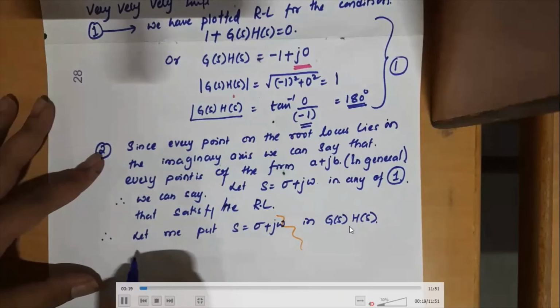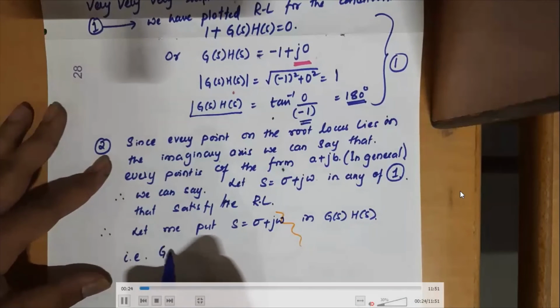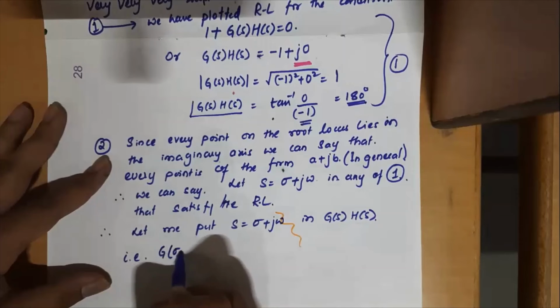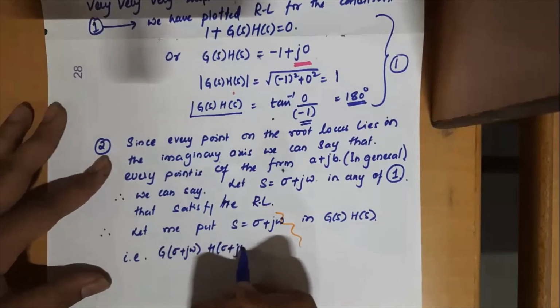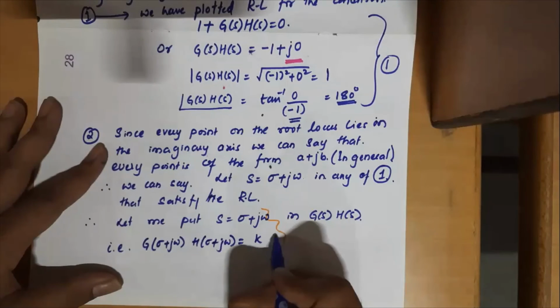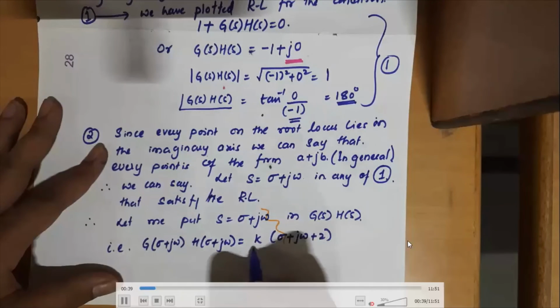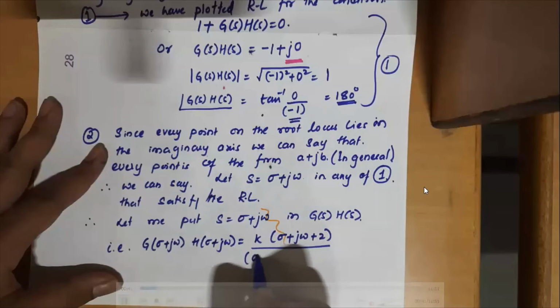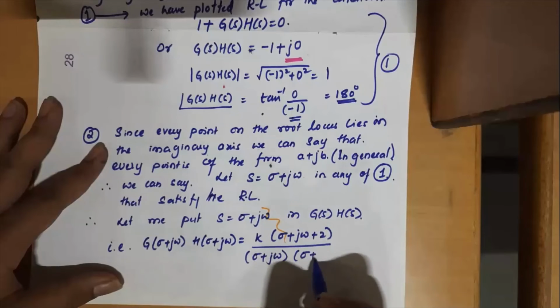We already have G(s)H(s) given in the numerical, so I will substitute sigma plus j omega in that. It becomes G(sigma plus j omega)H(sigma plus j omega) equal to K into (sigma plus j omega plus 2), divided by s, which is sigma plus j omega, and s plus 1, which is sigma plus j omega plus 1. Fine.